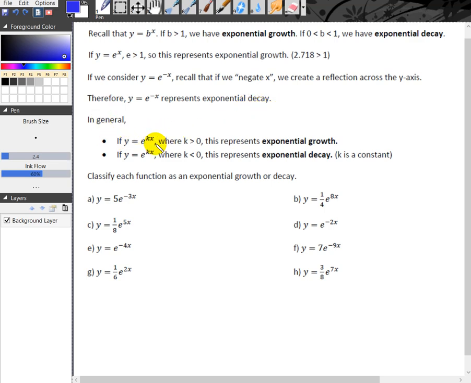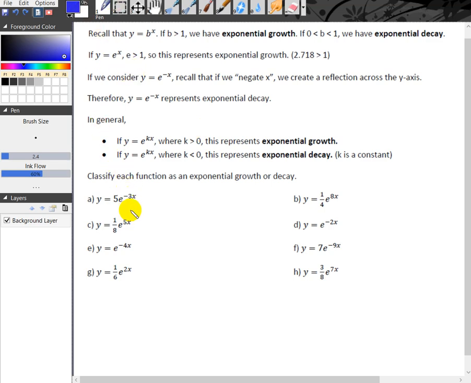In general, if you have e raised to some power, k times x, where the constant k is positive, so k is greater than 0, that's going to represent exponential growth. But if the constant in front is negative, so less than 0, that's going to represent exponential decay. All right, so let's try to look at some of these problems.